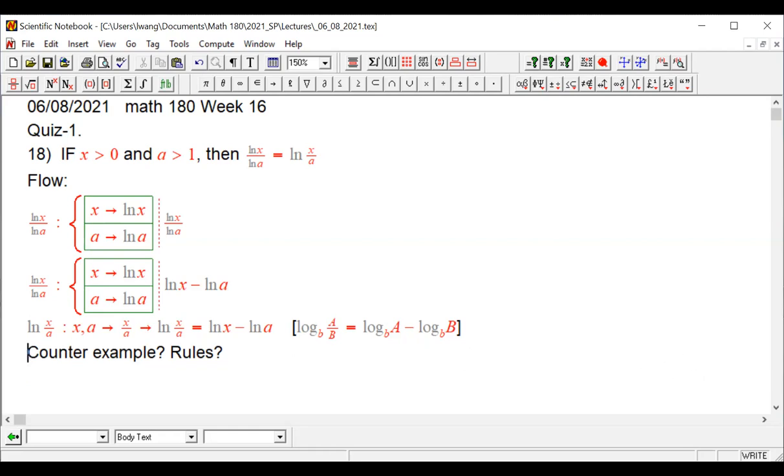We know that ln x minus ln a and ln of x divided by a are the same, so this is true. If this is true, that means we're comparing these two processes. Are they always the same? We still need a counterexample, since they don't look like they might be the same. So let's try to find some counterexamples.